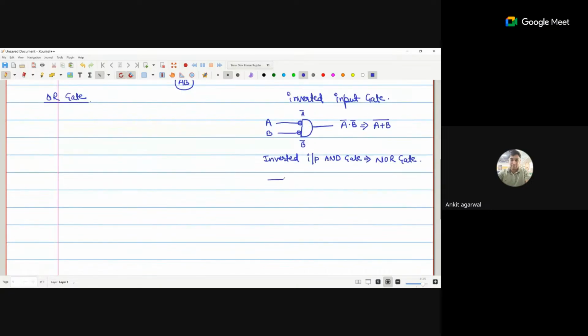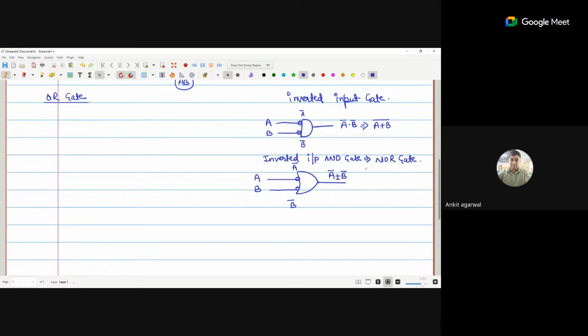Similarly, this is our OR gate. If I apply inverted inputs, at the input we get A bar, B bar, so A bar plus B bar.